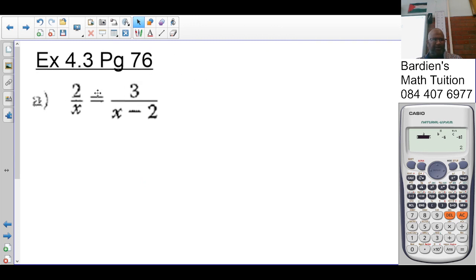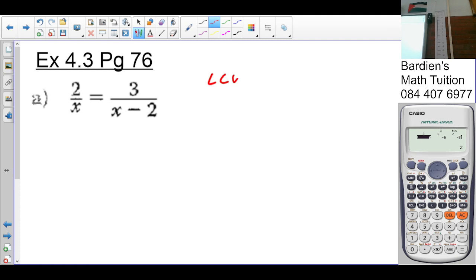Exercise 4.3, page 76. What's my LCM here? X into? It's x into x plus x minus 2. Not so. What's my restriction? X can never be equal to 0, or x can never be equal to 2.